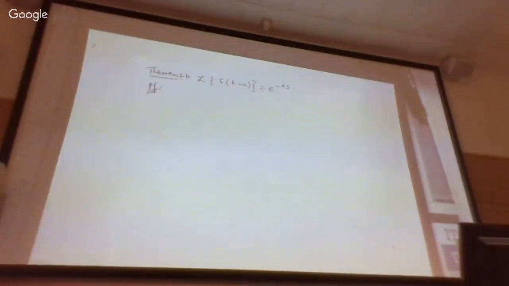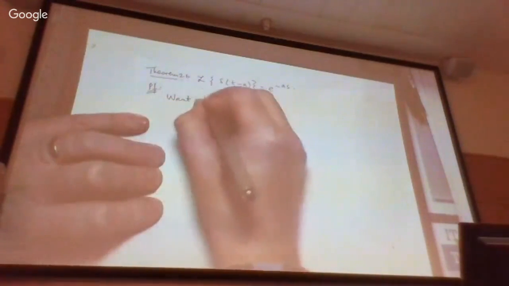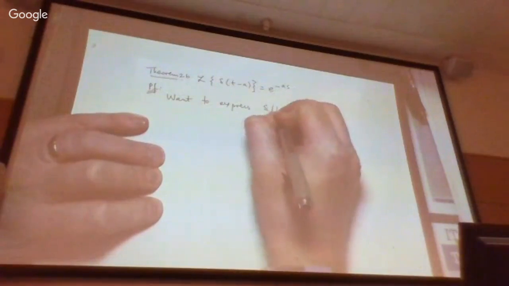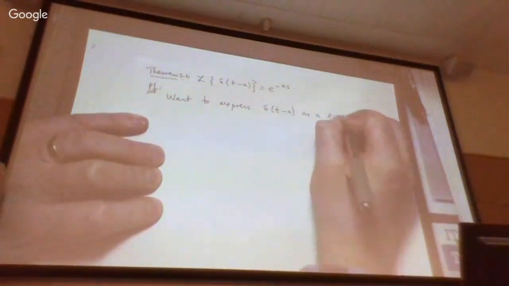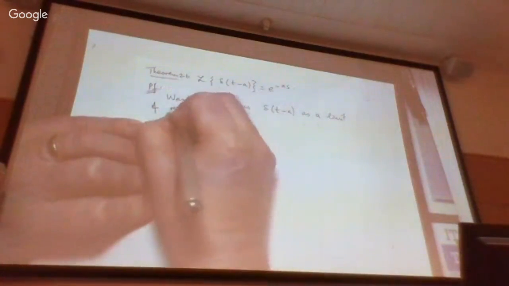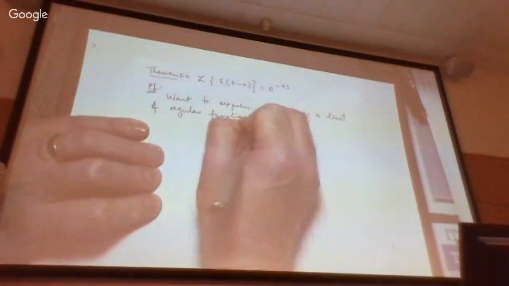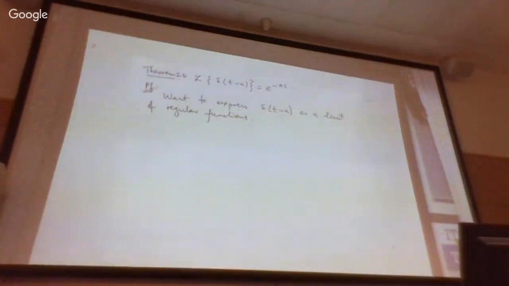So we want to express delta of t minus a as a limit of regular functions. Regular functions meaning things that actually are honest to goodness functions. But maybe in a limiting sense, we can express the Dirac delta function as those.